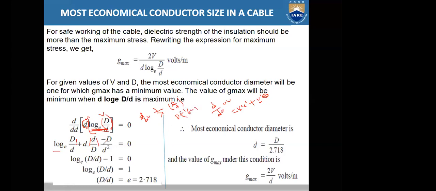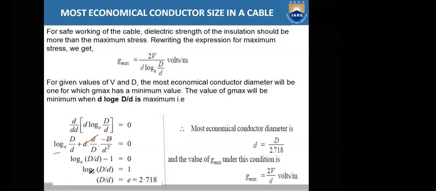So the final term will be ln D by d plus small d into small d by capital D into minus D by d square. Here d and d square, and capital D, will get cancelled. So the expression will be ln capital D by small d minus 1 is equal to 0.